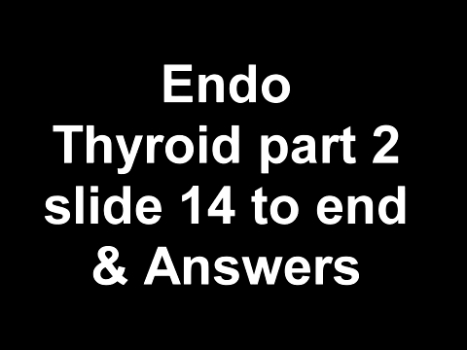Another clue: whenever you see TSH and free T4 abnormal in opposite directions, that's a clinical situation. Whenever you have a normal T4 and abnormal TSH, that's a subclinical situation. So what is going on here?